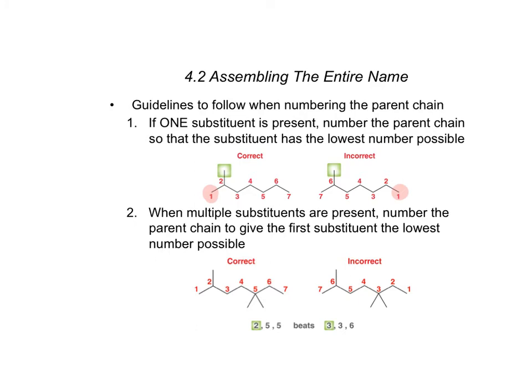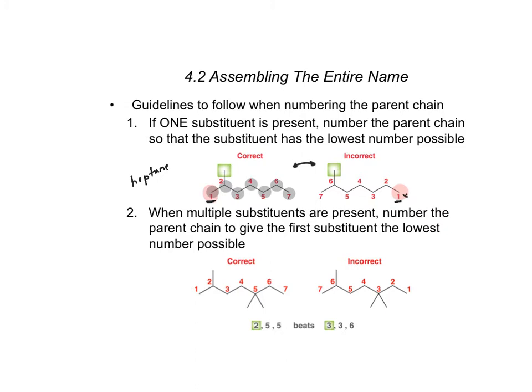So again, this compound here is the exact same compound. We have two options for how we're going to number our parent chain. Our parent chain is 1, 2, 3, 4, 5, 6, 7 carbons long. So our parent chain is heptane. And we could start numbering it here, or we could start numbering it here. Those are essentially the two options that we're considering. We're going to start numbering in whatever position is going to give our first substituent the lowest number possible.